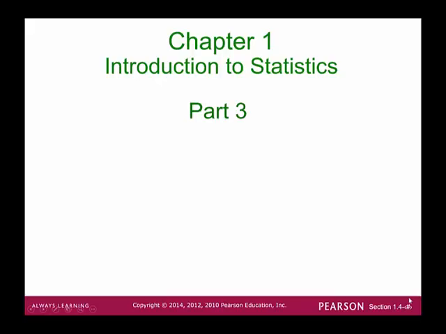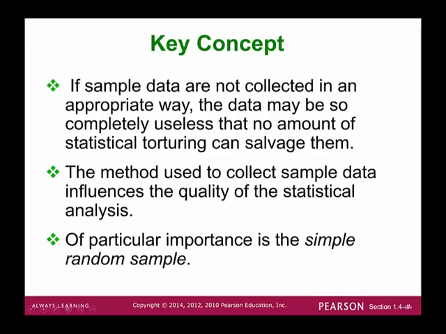In chapter 1, Introduction to Statistics, let's explain some more important terms in statistics. If the sample data are not collected in a proper way, meaning you do not pick a simple random sample, and you collect the data in an inappropriate way, the data may not be useful at all.